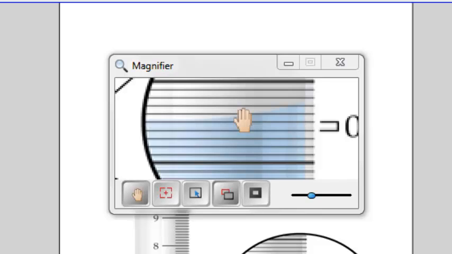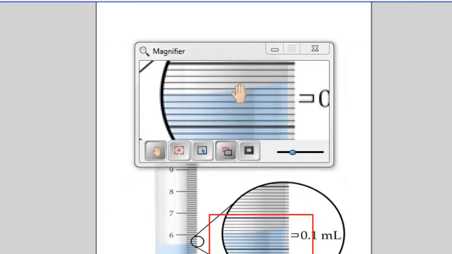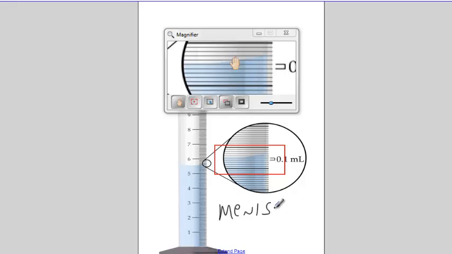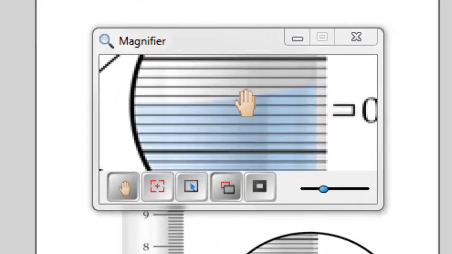That's because water, when it's in a graduated cylinder or a beaker or something like that, always has that curve to it. The reason is because the water is attracted to the sides of a container. So what you want to read is the lowest part. That's called the meniscus. You always want to read the meniscus. That's this low part right there, not the high part over here.